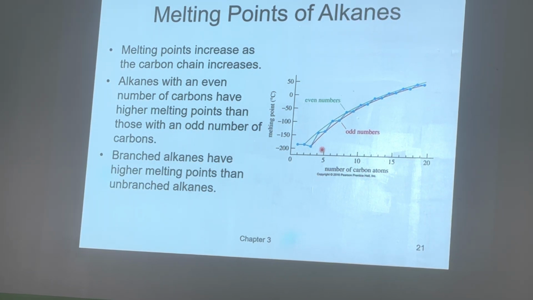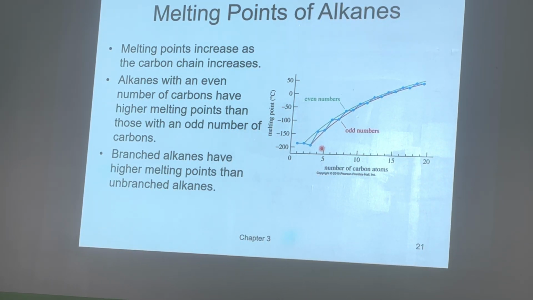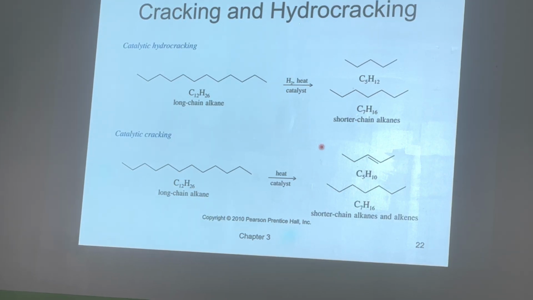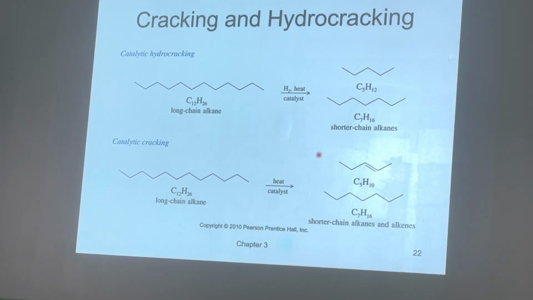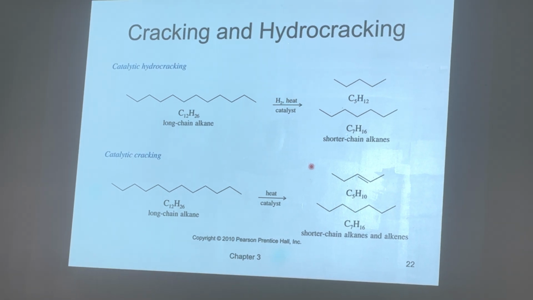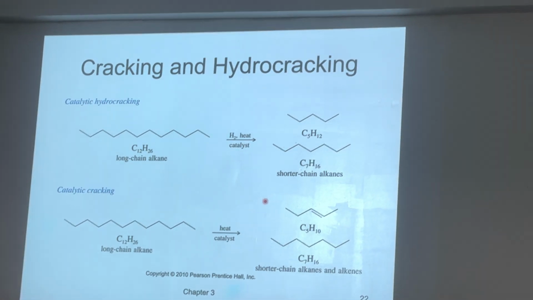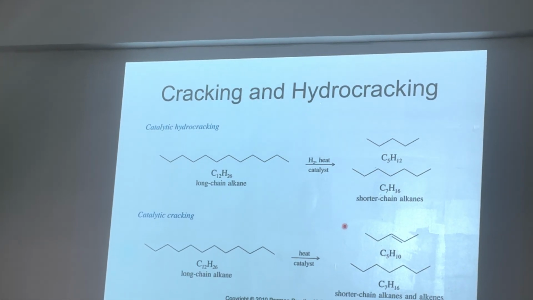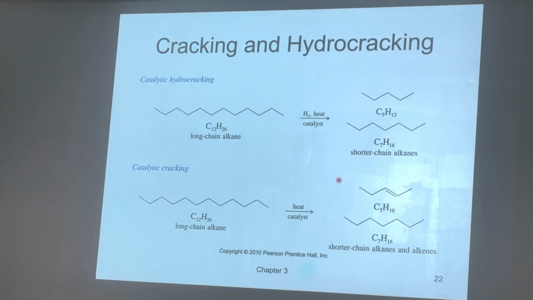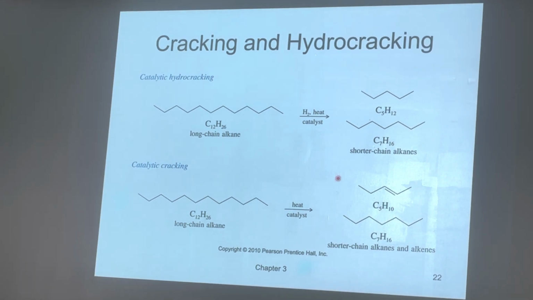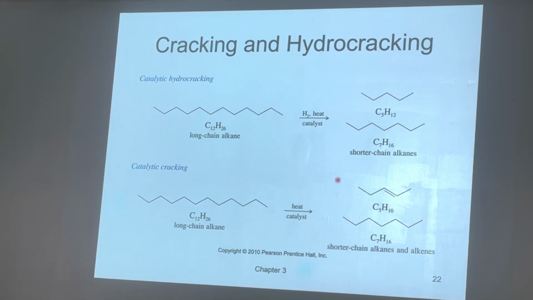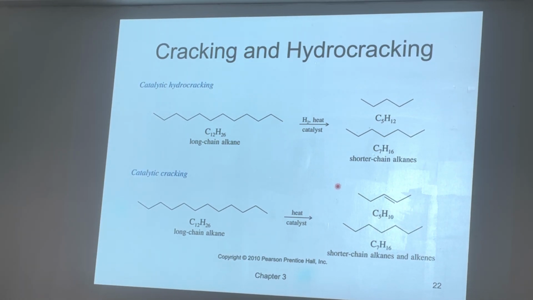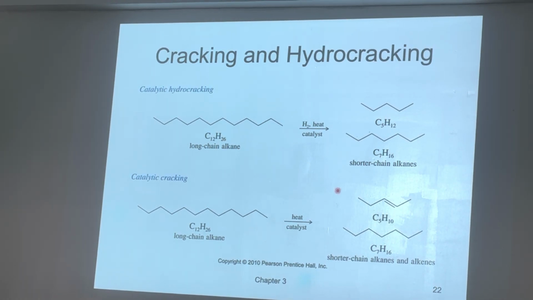Alright, so when we did lab for Orgo 1, we did cracking or hydrocracking of alkanes. This is one of the first reactions that we see with alkanes, when we can crack the alkanes or break up the long chain alkane to get our short chain alkanes. And this is how we get things like gasoline and kerosene and so forth, right?